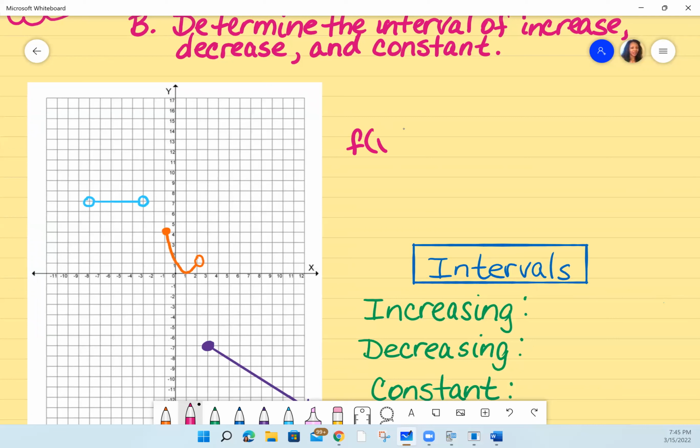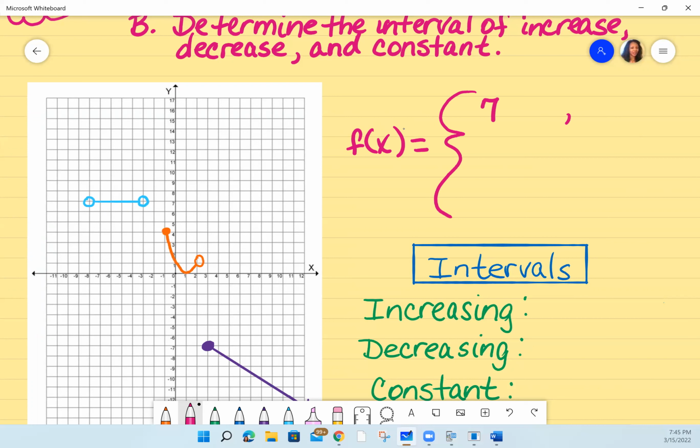So f of x is equal to, and I see 3 graphs, so I'm just going to make this big enough for 3. And I said the first one is y is equal to simply 7. So now we just have to determine, well, what's the condition for that? And normally I do the conditions first, but we'll just go.